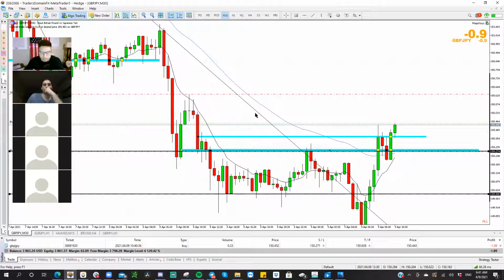Anybody else looking at something similar? I'm not really looking at anything this morning. Yeah. Maybe it breaks above that resistance to the left, GJ. Okay. How was your week, Mana? About 2.5%. Nice. Good. Yeah, it's a good week.